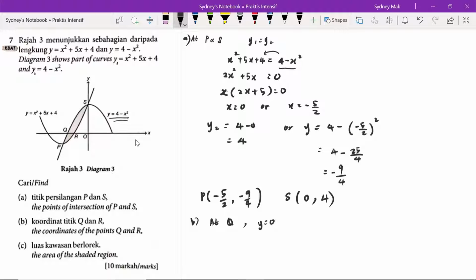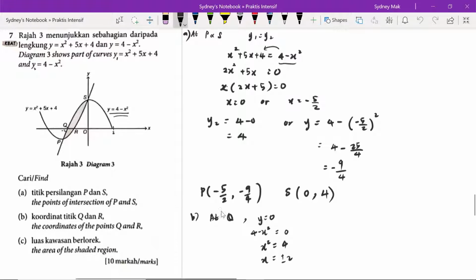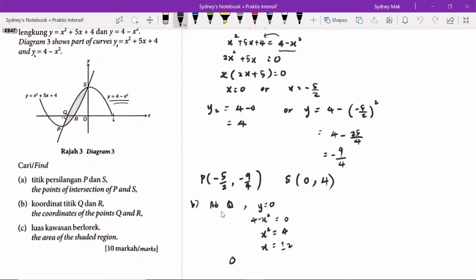Therefore we substitute that into 4 minus x squared. So 4 minus x squared equals 0, x squared equals 4, therefore x equals plus or minus 2. Q is negative 2 because it's on the left side of the origin. So the coordinates of Q are negative 2, 0.